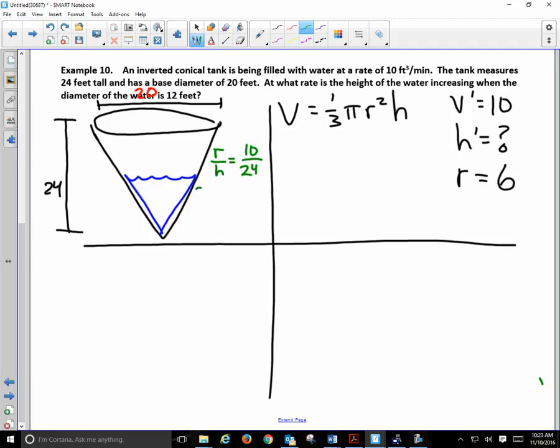And so I know that 24r is equal to 10h, or r is 5 over 12 h. So now I can go back to my formula for volume. Volume is 1/3 pi times (5 over 12 h) squared times h.